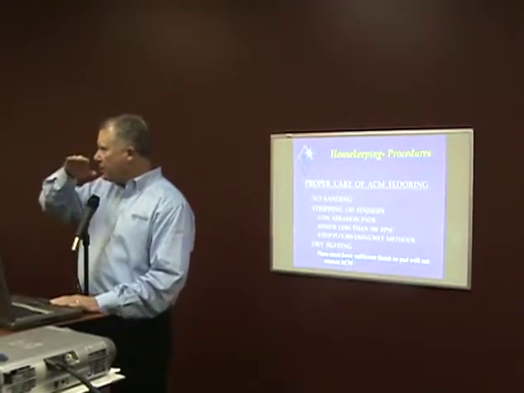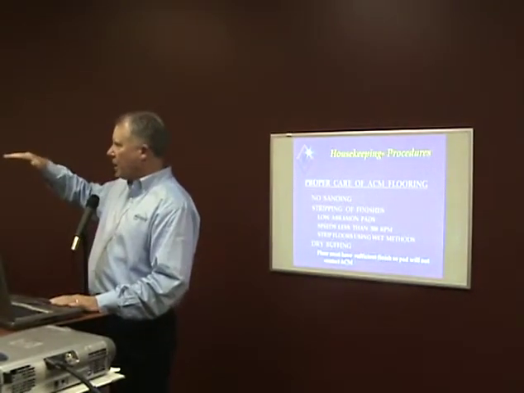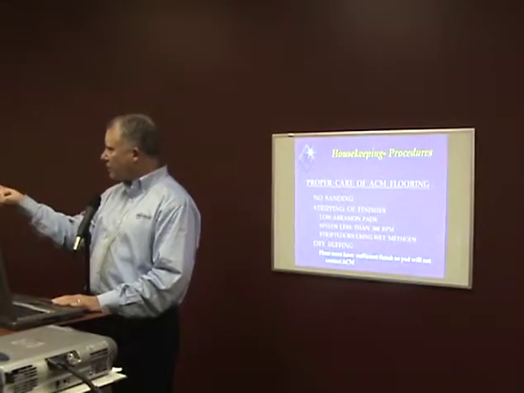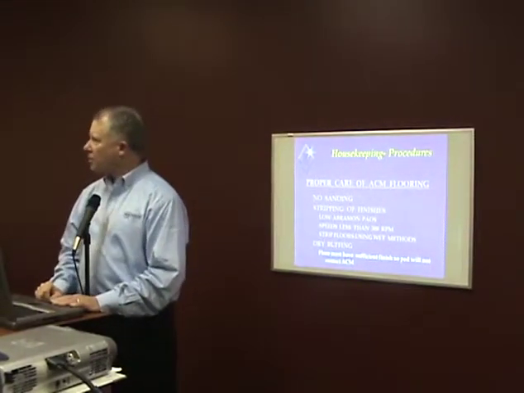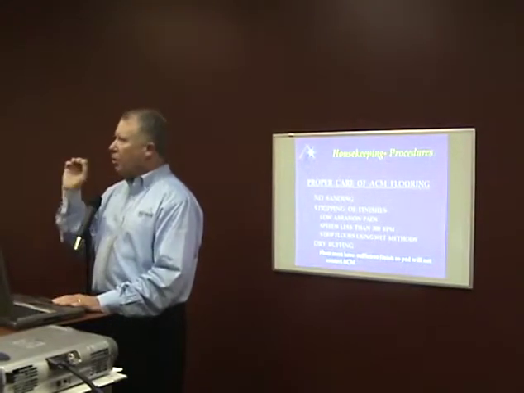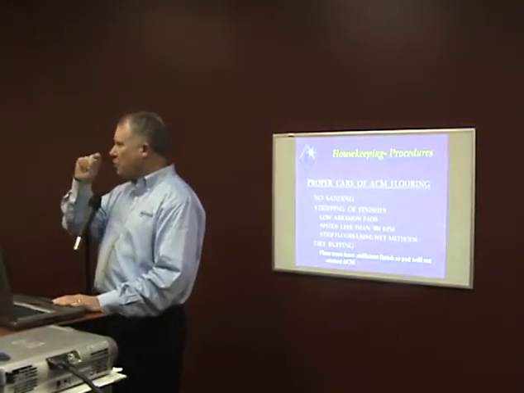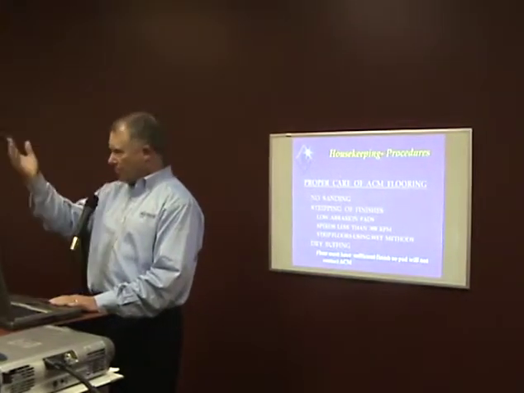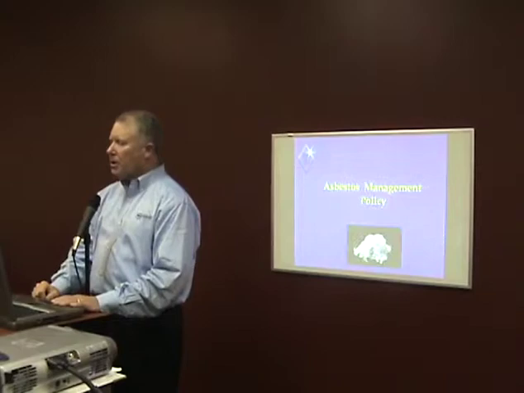And if you don't do anything to disrupt the top layer of the tile, you're not going to do anything to expose the asbestos fibers that are on the internal portion of that floor tile. So if you're going to do dry buffing, you need to be sure that you actually have enough material on the top of the floor tile to prevent you from penetrating into that bottom layer.